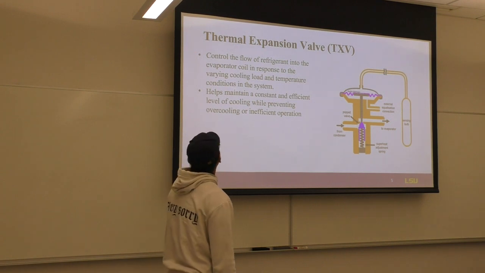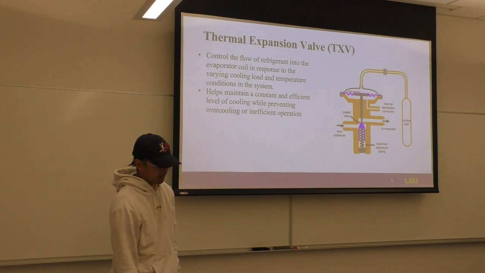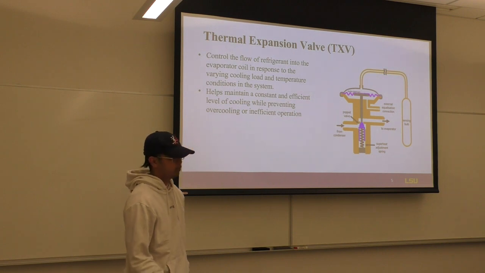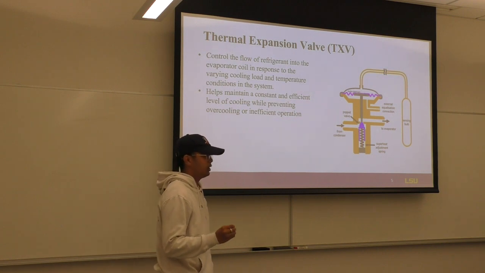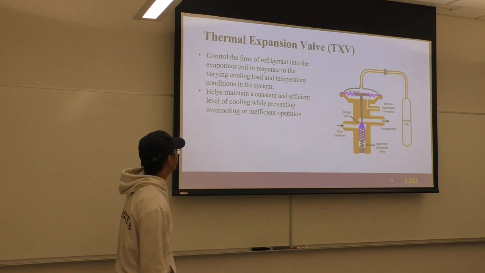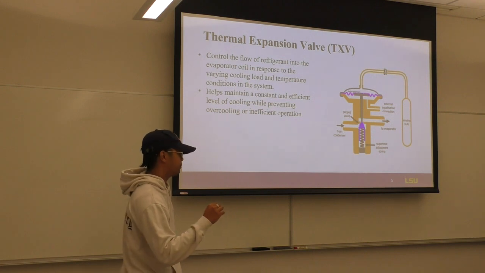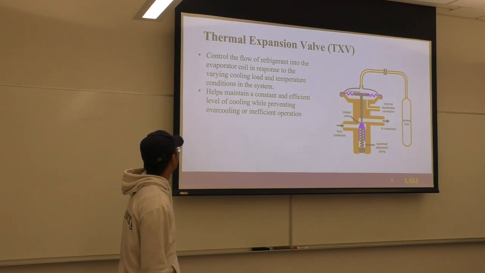Our next slide is the thermal expansion valve. The thermal expansion valve is the most important component in the refrigerating cycle because it controls how much refrigerant can be in the system.